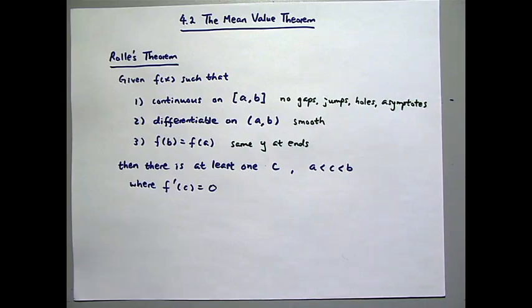Now I want you to sketch at least one graph, any graph you want, that meets all three of these conditions. And I want you to check if there is at least one place between a and b, whatever you made them to be, where the tangent line is horizontal.